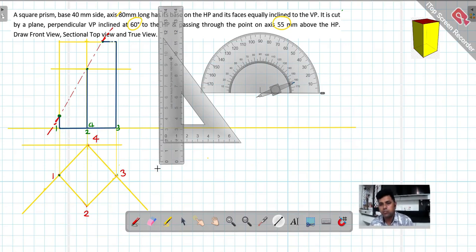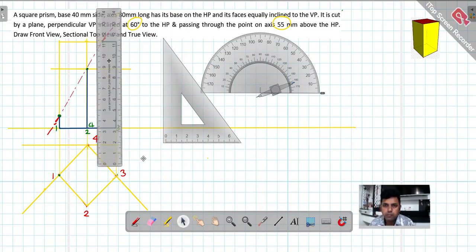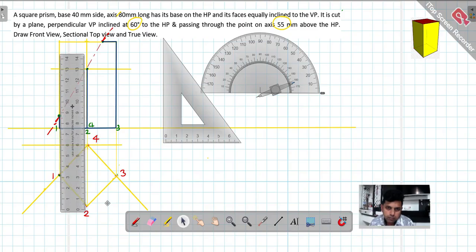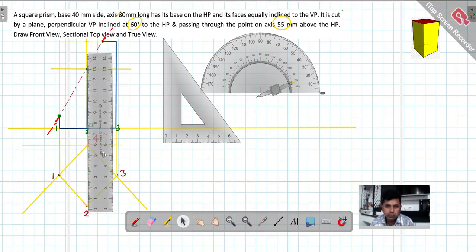Okay, now we will take down these cutting planes. Exactly on the first, the cutting is done, so it is overlapping here. Now, exactly on the second and fourth, it is getting cut.